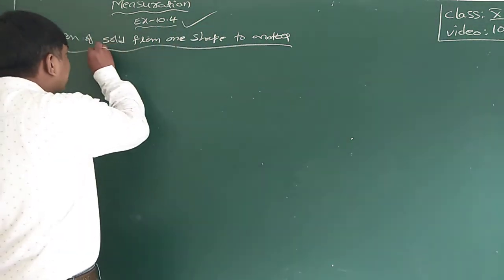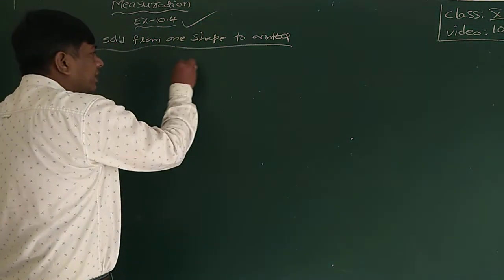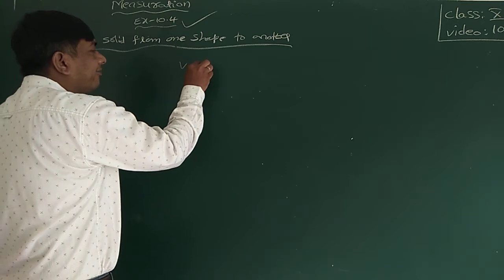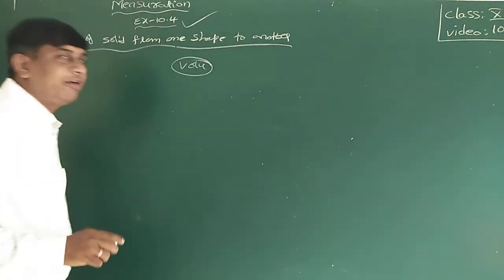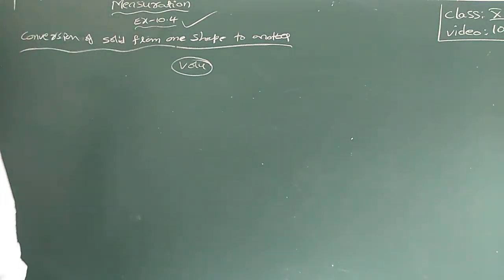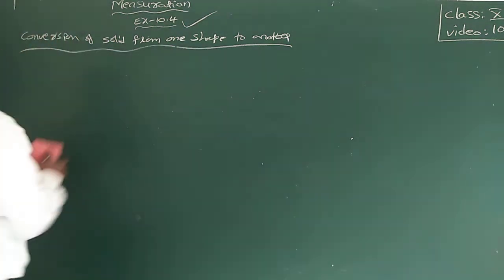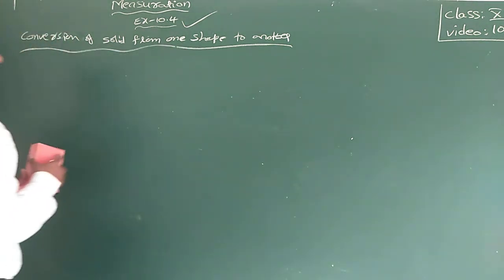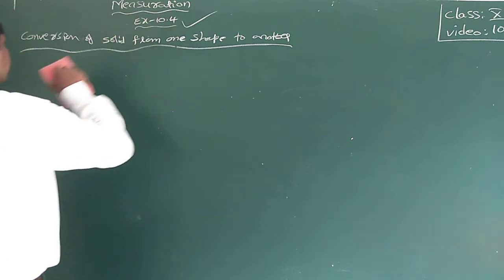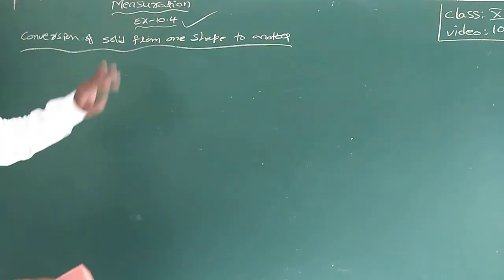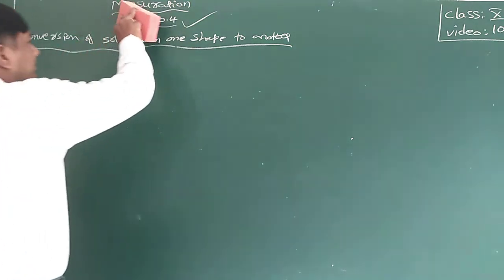To convert one shape to another, we will equate the volumes. We will take the help of volumes.